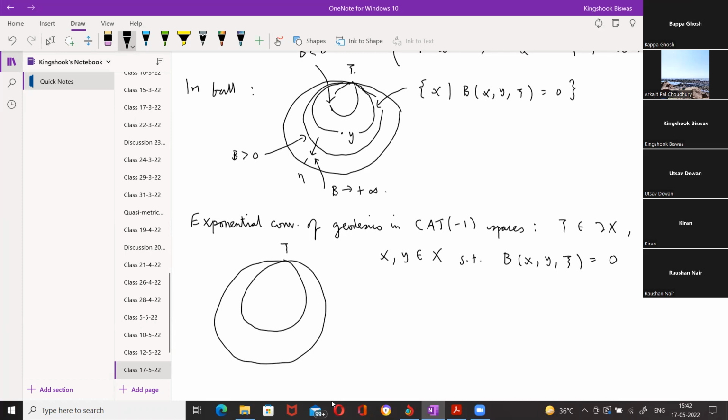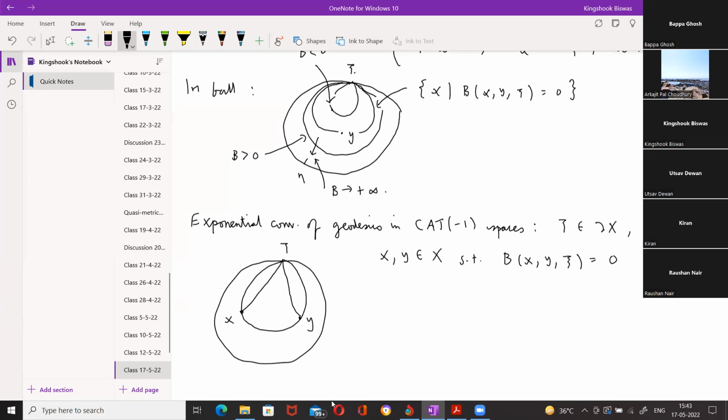That means they lie on the same horosphere. So here's x and here's y. Now I look at the geodesic rays from x to ξ and from y to ξ.